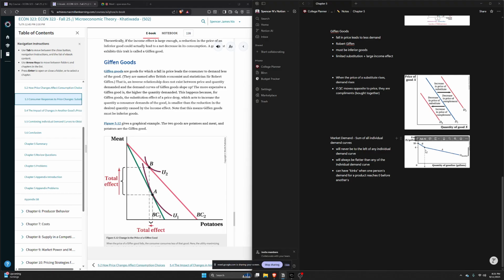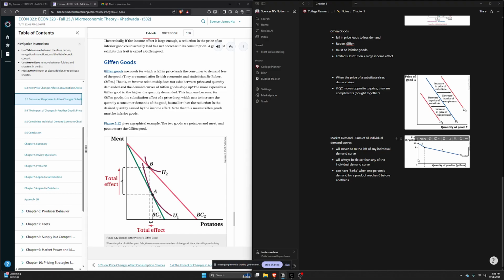There's a reason that it kinks up right there. If it's not a necessity good, then I'm not going to spend more than a certain amount on something, right?